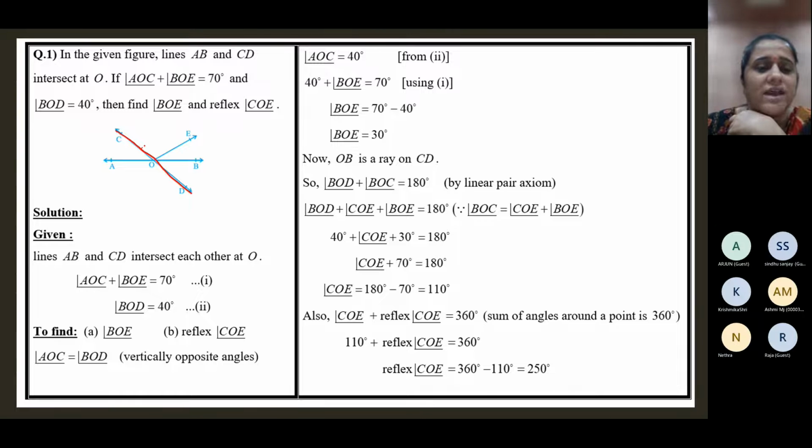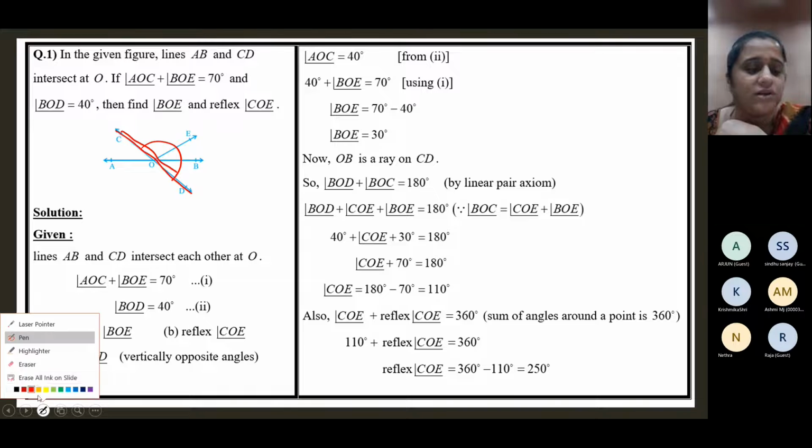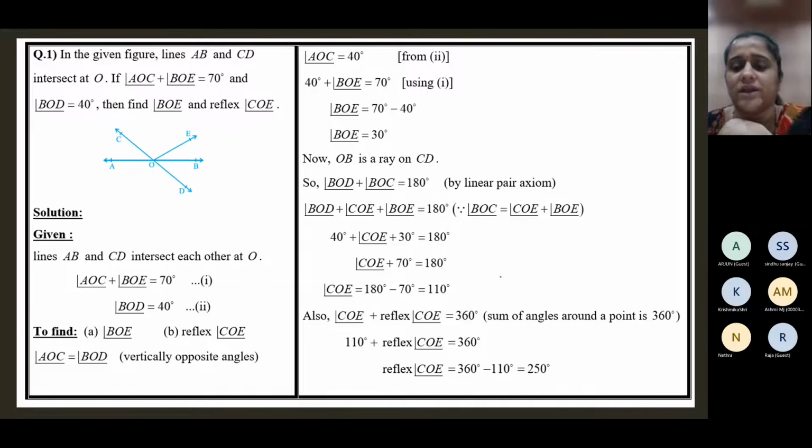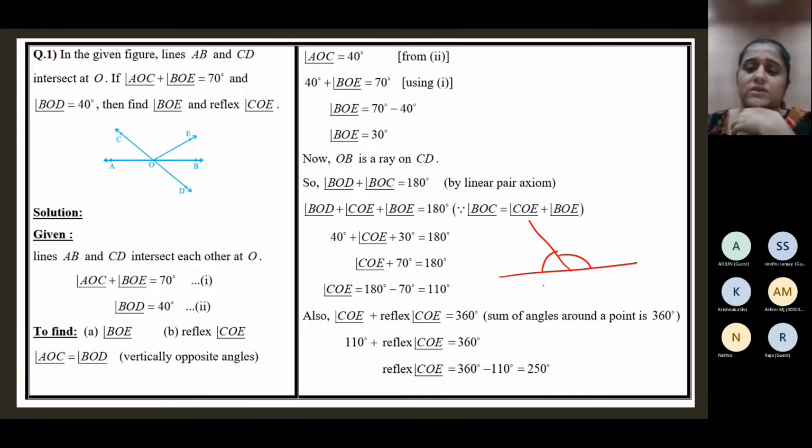So the sum of all the angles on it will be equal to 180 degrees. So you should take a ray on it. Supposing you have a straight line, we can't split that at all. There should be a ray. Then you can say that the sum of this angle and this angle is equal to 180. With respect to a ray, you can say the sum of the two angles is equal to 180.